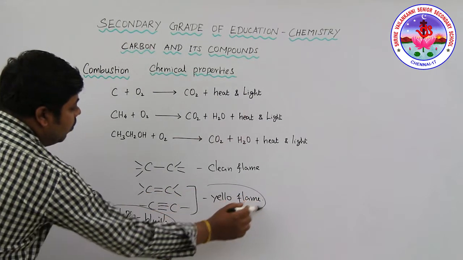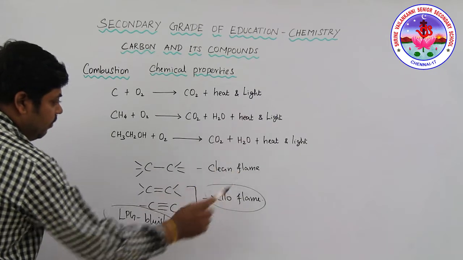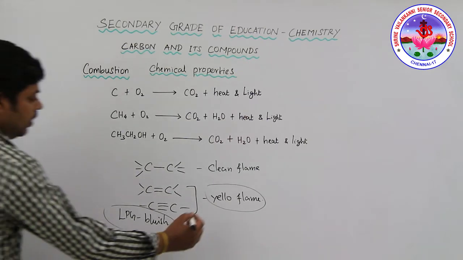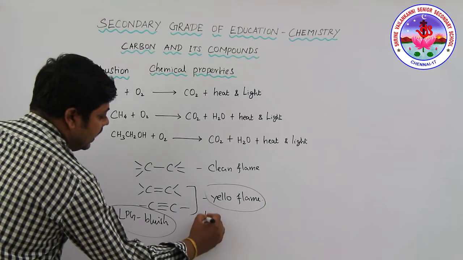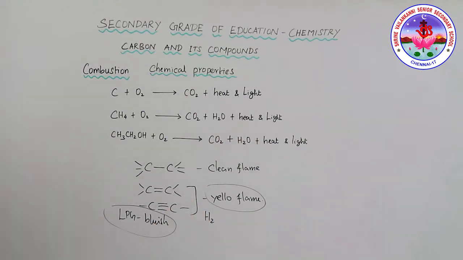In the yellow flame, sufficient oxygen is not supplied, but in the clean flame a sufficient amount of oxygen is supplied. Usually hydrogen fuels have a high combustion energy. Hydrogen fuels give a clean flame. Not only the hydrogen flame, the LPG flame and the kerosene stove also give a clean flame.